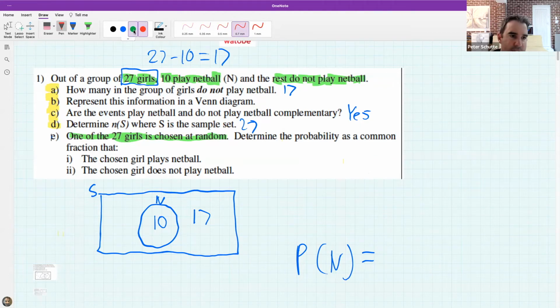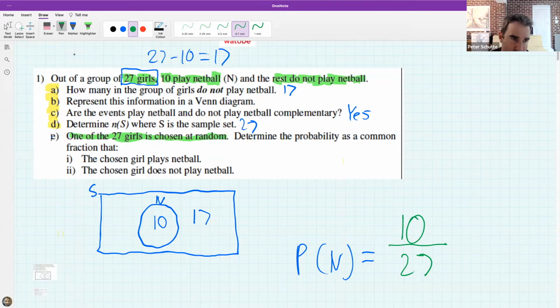And you can put it as a common fraction. It's just going to be, well, how many possible outcomes are there? There's 27. How many of them are favorable for playing netball? They are 10. So the probability is 10 over 27.